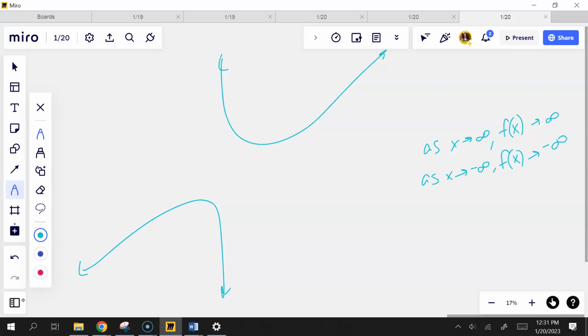So there's an asymptote here, but that's not impacting either of these ends right here. It's a vertical asymptote, not a horizontal asymptote. Now we do have a slant asymptote, but y'all haven't learned about those yet. We will though.